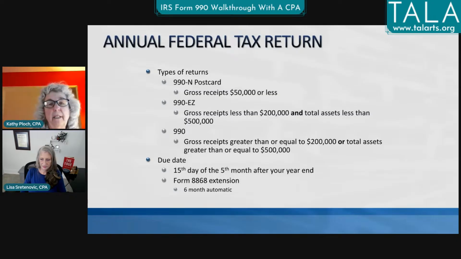And then you can get an extension for 6 months that would make it due May 15th of the following year. So literally, if you extend the return, you have 11 months to file that return. I wouldn't advise it. I don't see any reason why you should have to wait that long. The main thing that I want everybody to know is that you are required to file something every year.